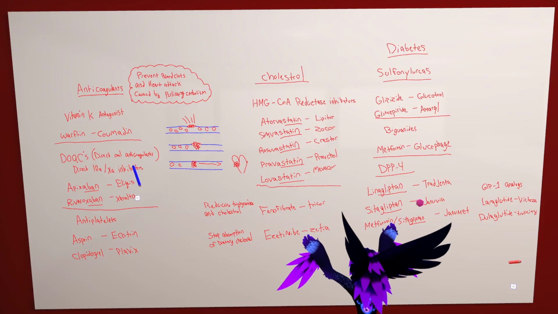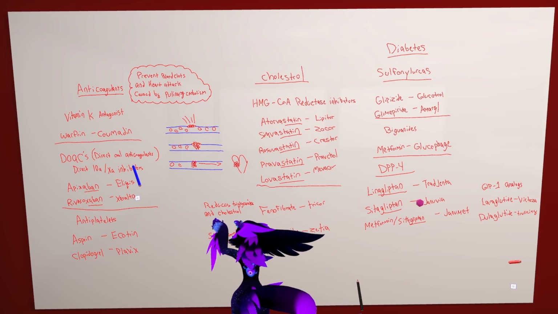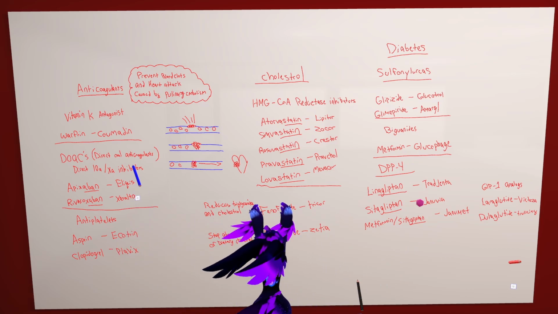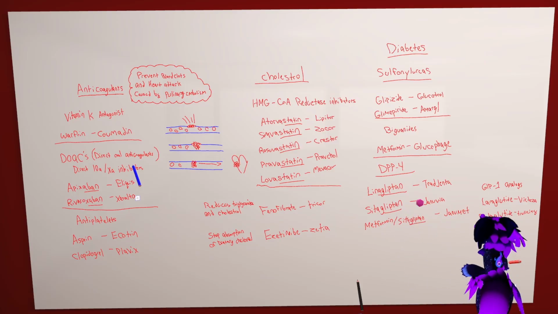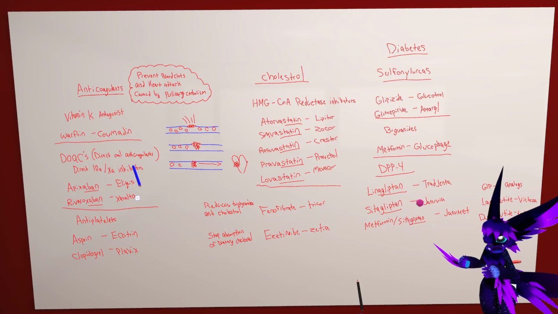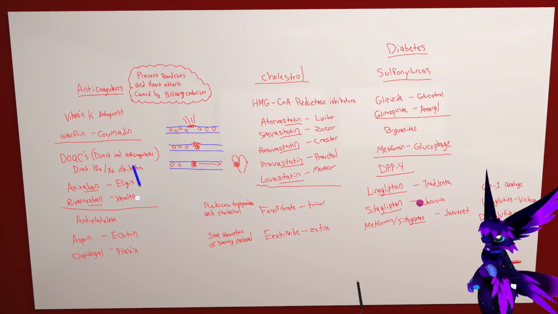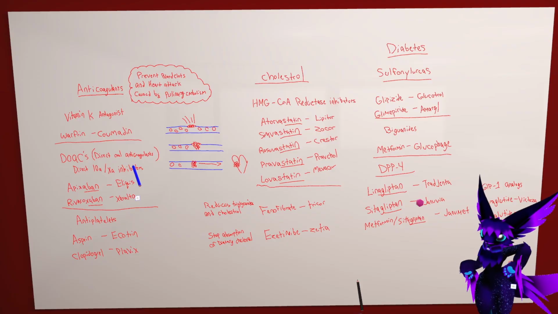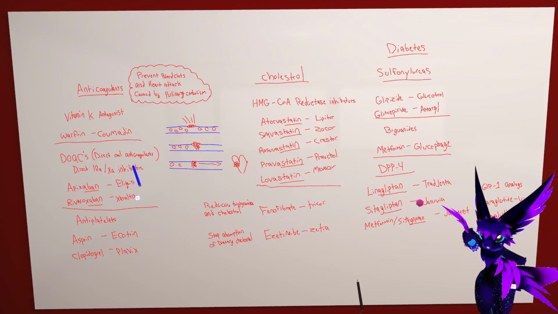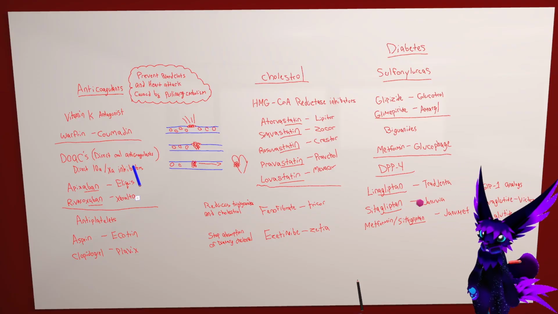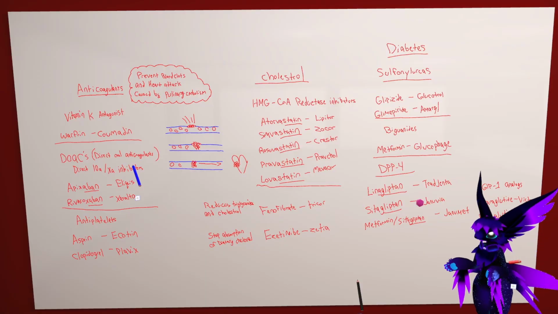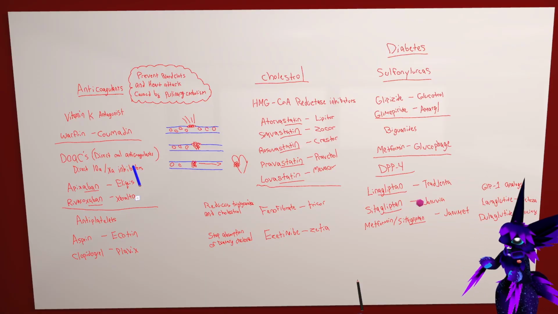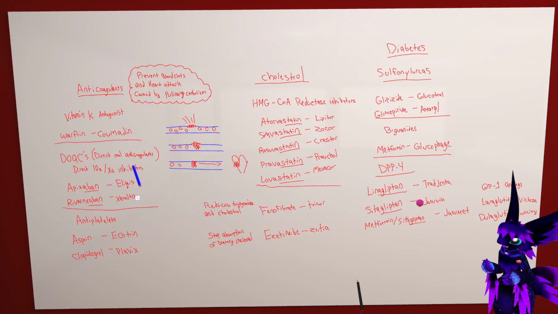But yeah, this is all the blood clot medication, anticoagulants. We've got our cholesterol medications and our diabetes medications. There are several more diabetes medications that I'm missing here, but we kind of ran out of board space, so I'll talk about them just for a little bit right now. There's something called an SGLT2 inhibitor, which is a sodium-glucose cotransporter inhibitor.